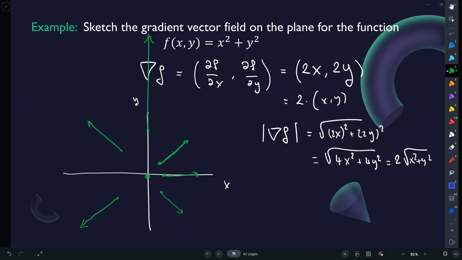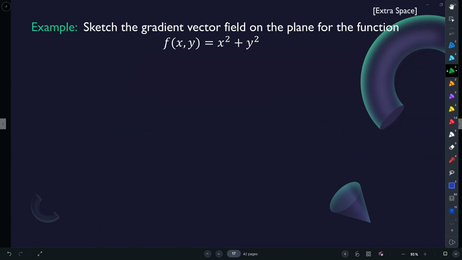Why is that? In terms of what I just mentioned, first of all, what is the graph of this function? The cross sections are circles, right? Because if you cross section at z equals 4, z equals 9, those are the cross sections. For z equals 0, I get x squared plus y squared equals 0, so there's only 1 point.